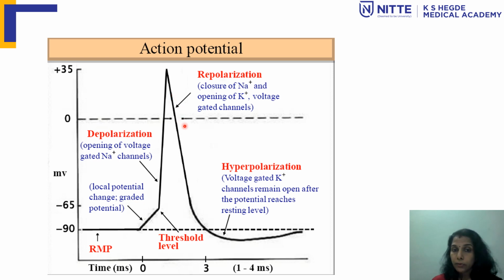Then there will be opening of the potassium channels. That is the stage of repolarization. Then comes a stage of hyperpolarization, as I told, that goes beyond the resting membrane potential. It is because of the delayed closure of the potassium channels. Then it will come back to the resting membrane potential. So this is how an action potential is generated in a motor neuron.